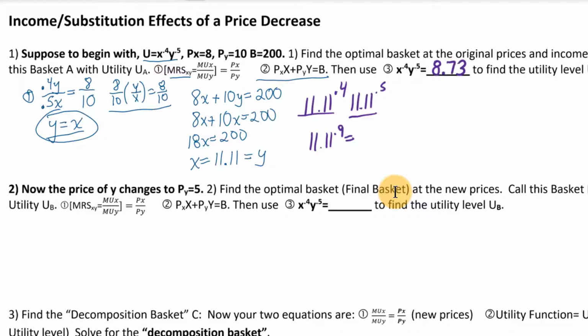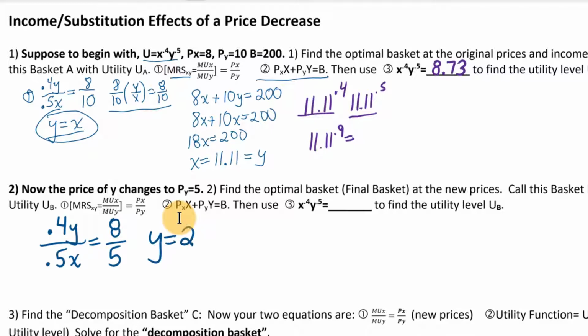So now we set up our same two equations. Our marginal rate of substitution again is going to be 0.4y divided by 0.5x. We set that equal to the new ratio of the two prices, which is going to be 8 over 5, $8 divided by $5. If we solve this equation for y, we're going to end up with y equals 2x.